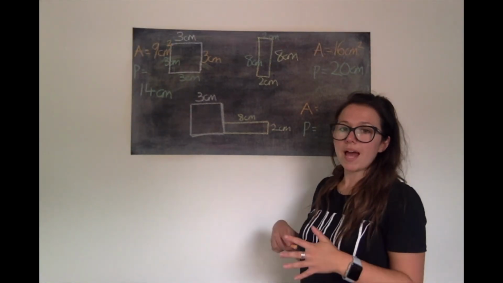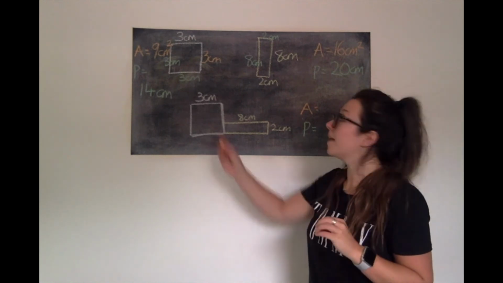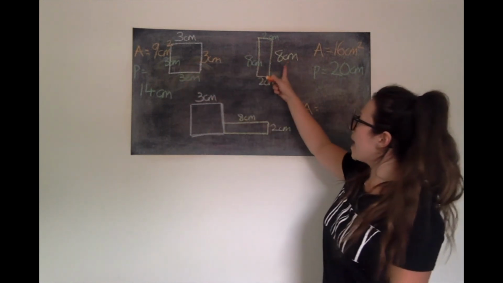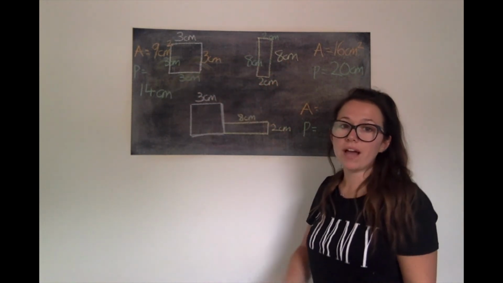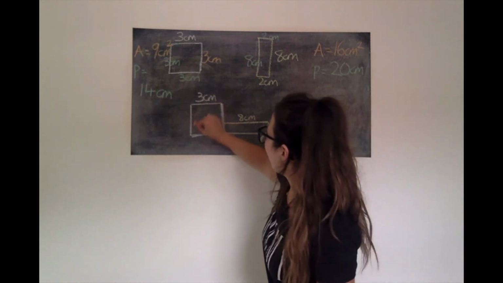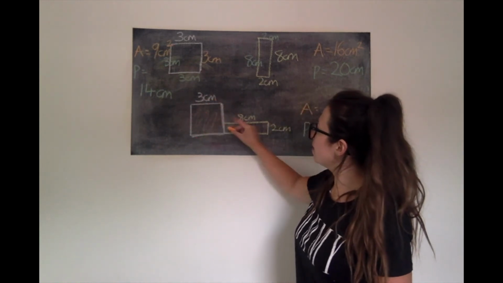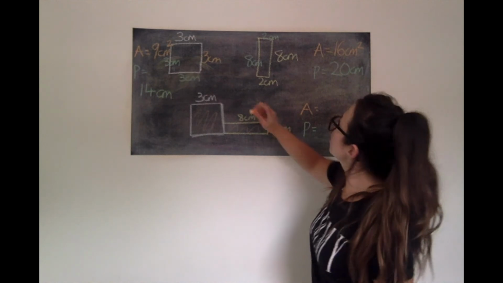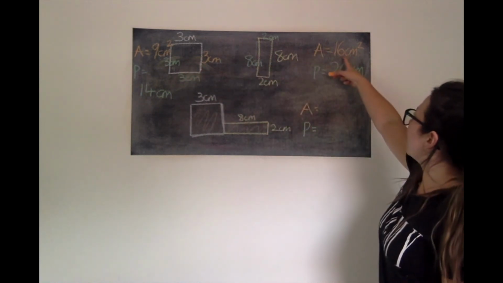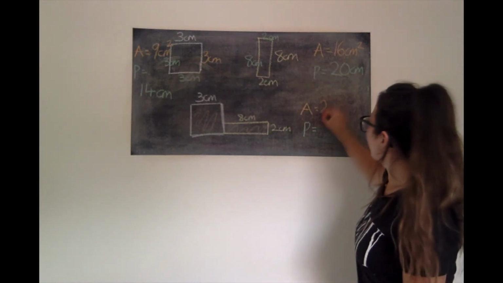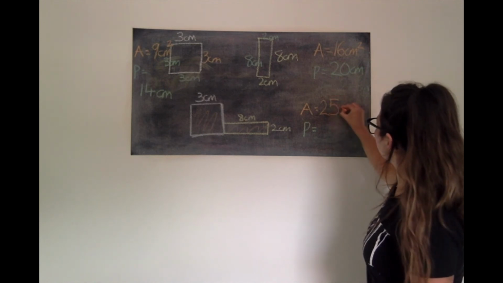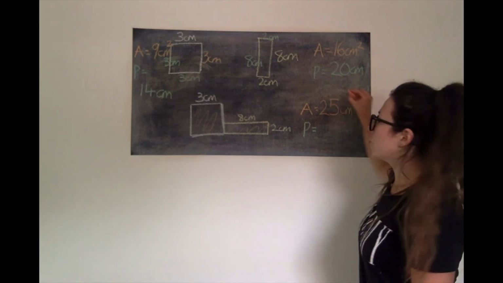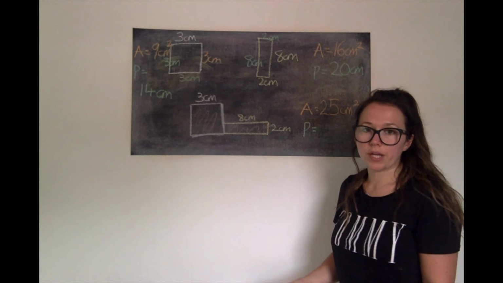Hopefully remember from the last one that we can add together the area of this shape and the area of this shape, because the area, the inside of those shapes, hasn't changed. We're just adding this area to this area. So we're doing 9, add to our 16, which gives us 25 centimetres squared for the new area of our compound shape.